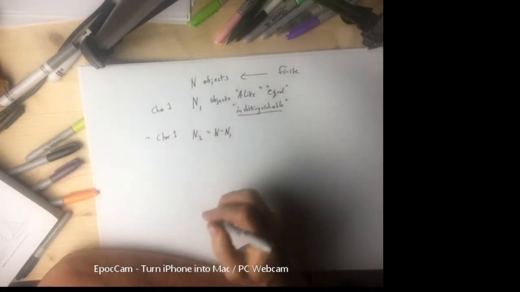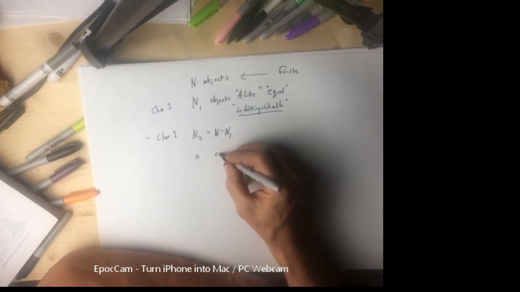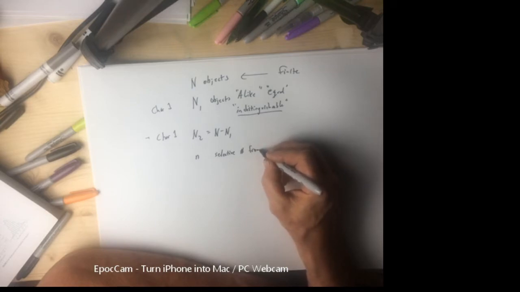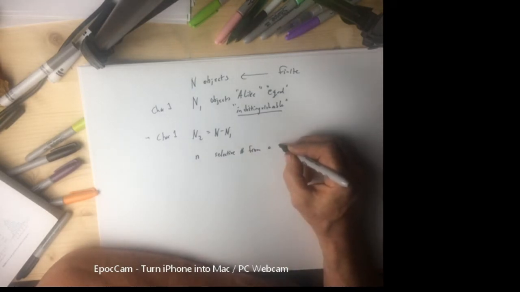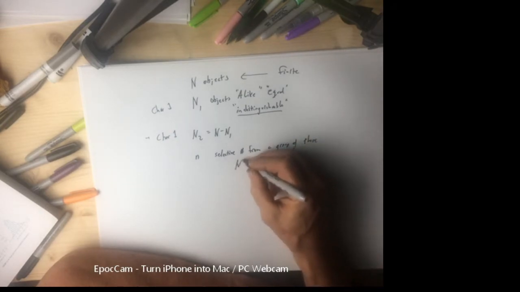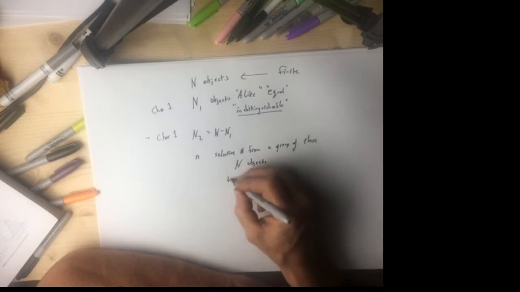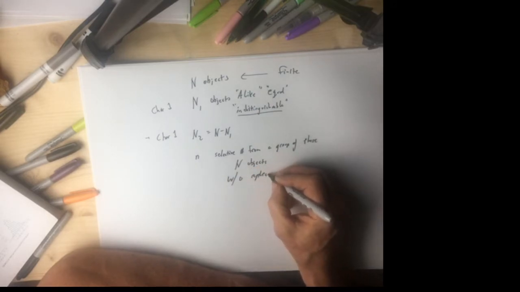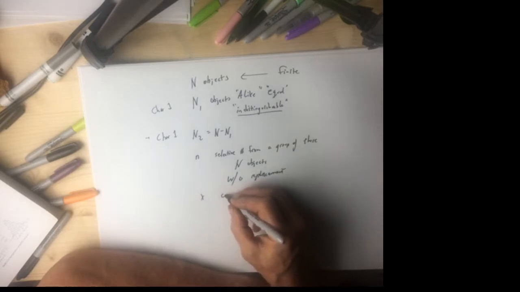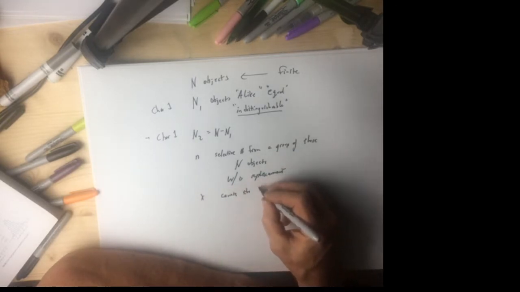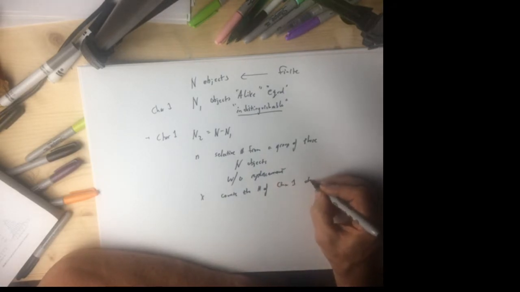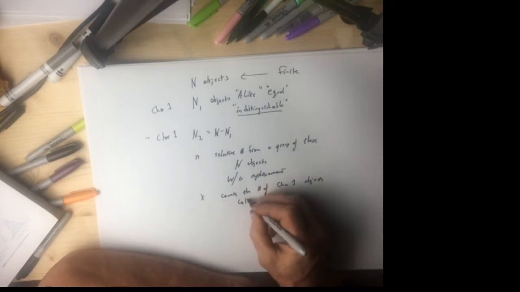Now, n is the selected number from a group of these N objects without replacement, and x counts the number of characteristic 1 objects collected.